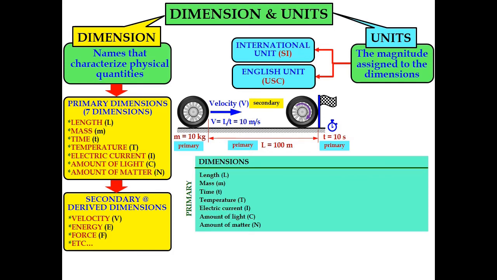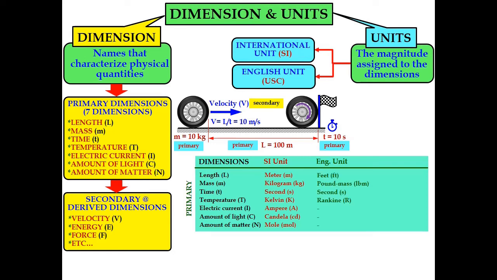Okay, so for the primary dimensions, we have 7 as mentioned before: length, mass, time, temperature, electric current, amount of light, and amount of matter. The SI unit for length is meter, for mass kilogram, kg, for time second, for temperature Kelvin, for electric current ampere, for amount of light candela, cd, and for amount of matter mole.